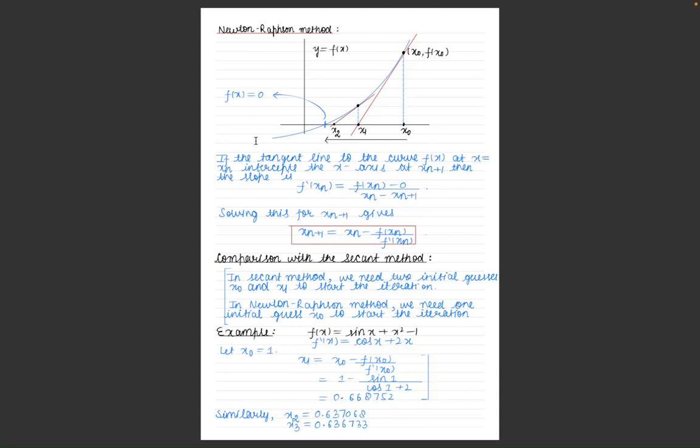If the tangent line to the curve f(x) at x equal to xn intercepts the x-axis at xn plus 1, this is what we have just seen, then the equation of the slope will be f dash xn equal to f of xn minus 0 by xn minus xn plus 1, right?